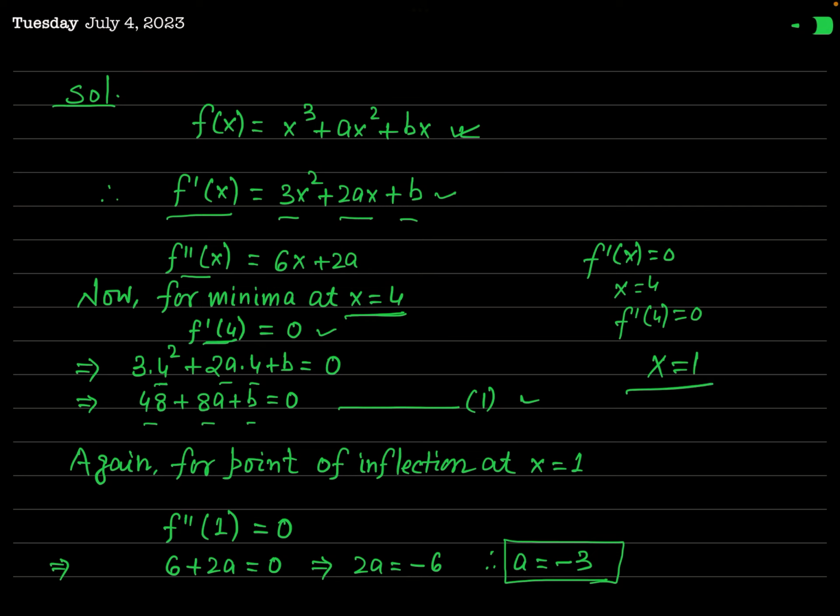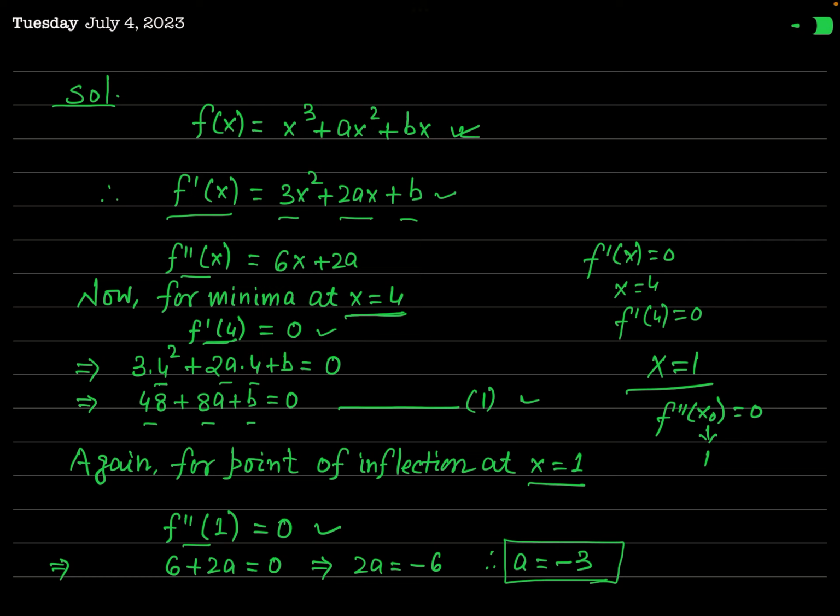And you have learnt that at the point of inflection, if the point of inflection is x naught, then f double dash of x naught is equal to 0. In our problem, this x naught has been given as 1. So x equal to 1 is the point of inflection, so f double dash of 1 will be equal to 0.